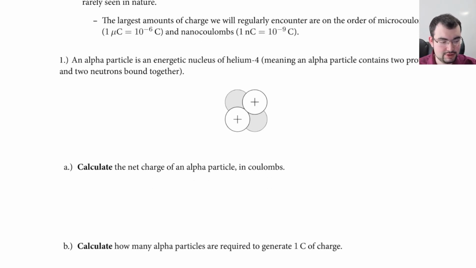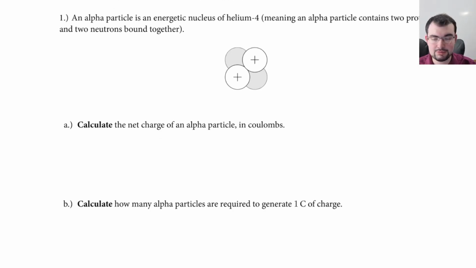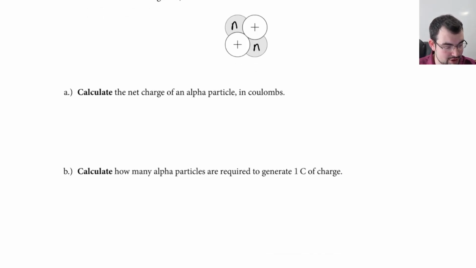So just to practice our charge definitions here, we're going to start with a common example called an alpha particle, which is a helium-4 nucleus, meaning it has two protons, because helium has two protons, and it also is bound together with two neutrons, which are electrically neutral. So first we want to calculate the net charge of the alpha particle in coulombs. So it's just a nucleus, so we can assume it's just these two positive charges.